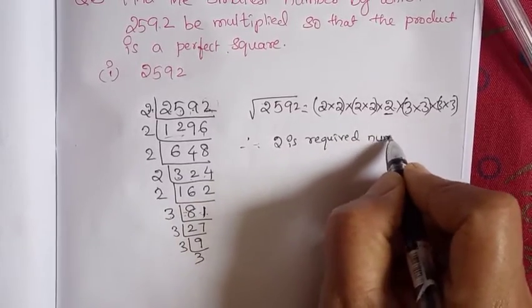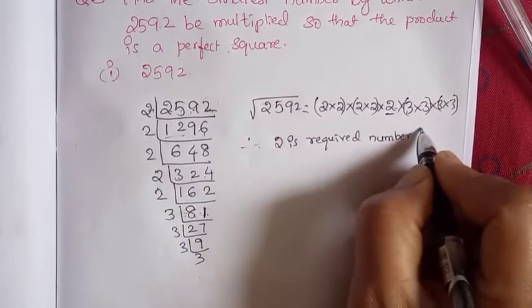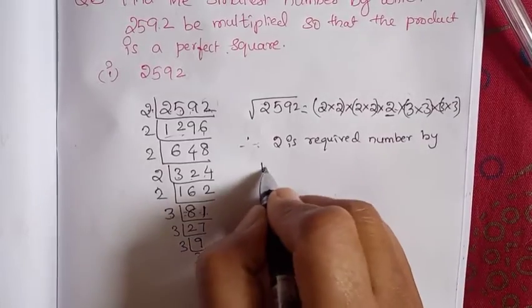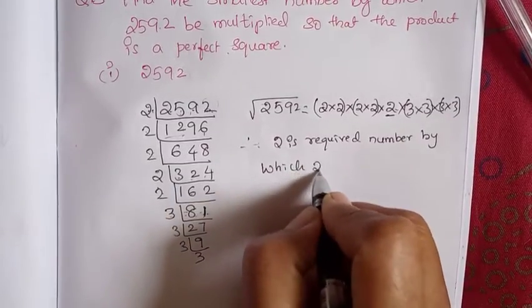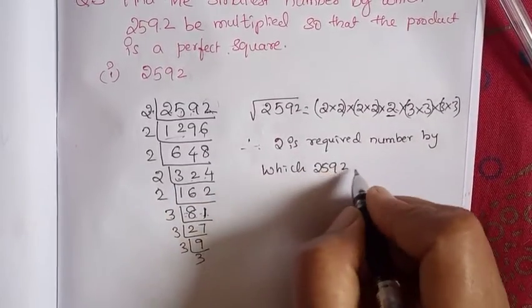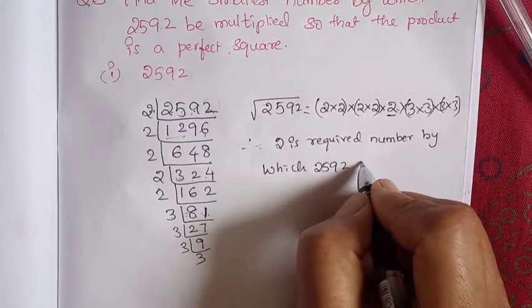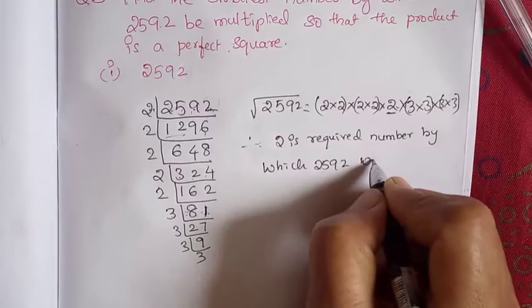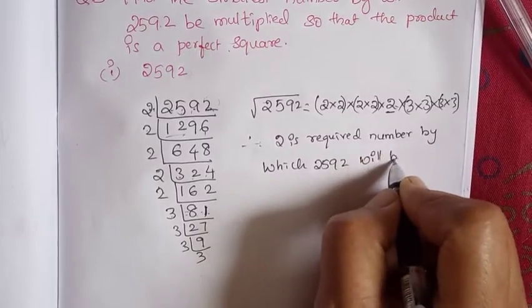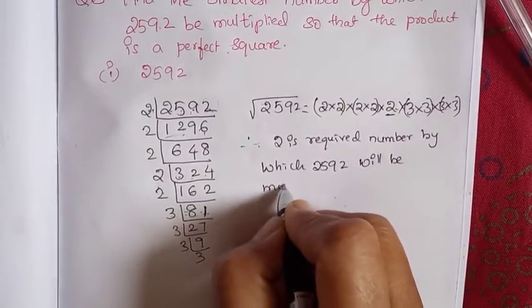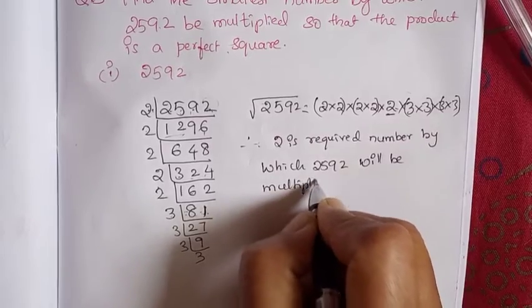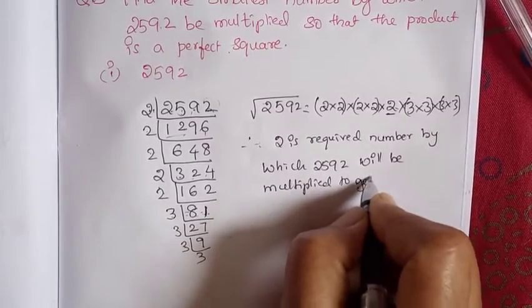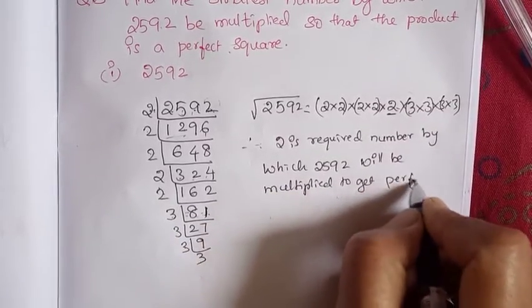Therefore 2 is the required number by which 2592 will be multiplied to get a perfect square.